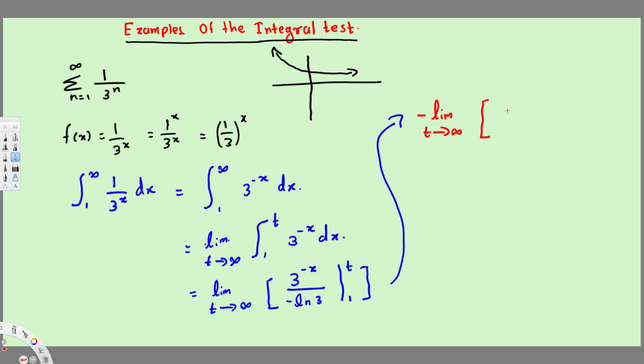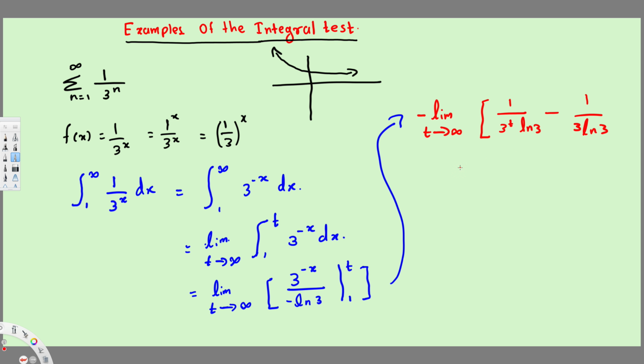So here we are going to have 1 over, first we are substituting the t, so this is going to be 3 power t ln 3, minus, then we are substituting the 1, so this is going to be just 1 over 3 power 1, that's just going to be 3 ln 3, right?